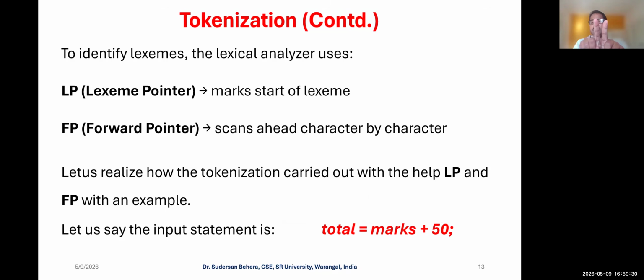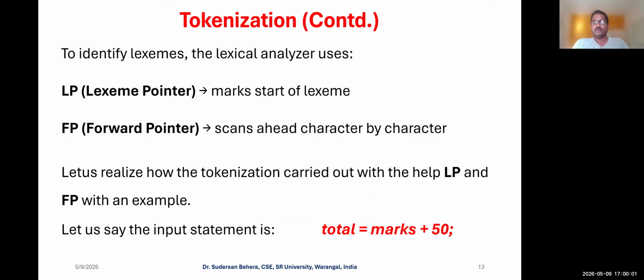After scanning the first character, it goes to the next cell and scans the second character, then the third, then the fourth, and then it goes to the fifth one. If the fifth cell is empty, that means a white space is there. Between the first and fifth place there are 4 cells, and the content of those 4 cells is taken as a lexeme.